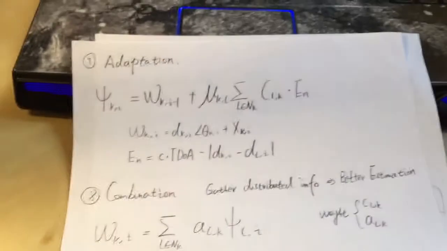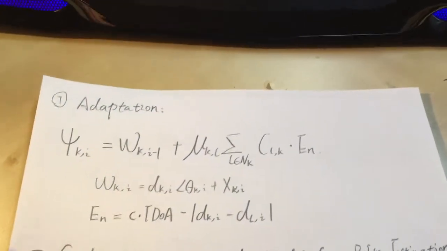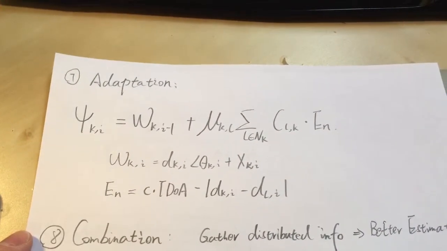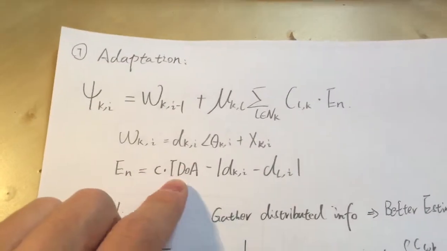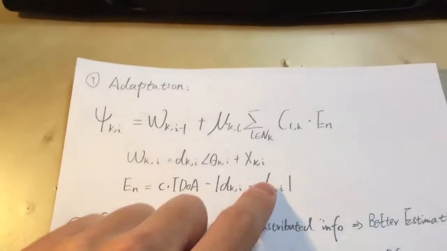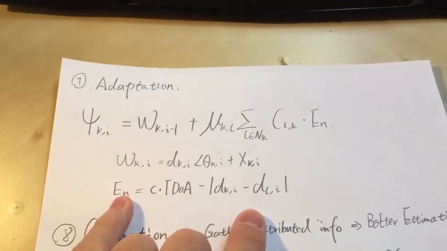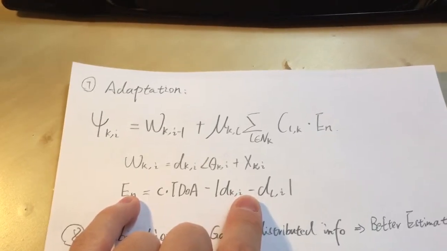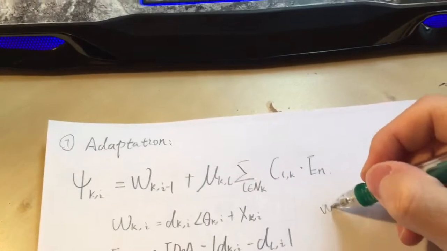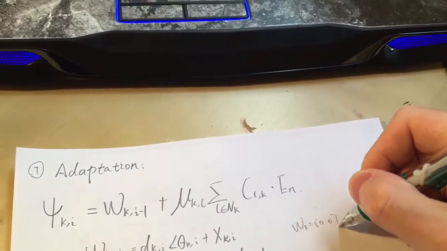After that, we'll get into adaptation. Right now we have a reference, which is the speed of light times the time of arrival. We have the estimate, and we will have the error. For the estimate, we initially set W to 0, 0 for the first one.